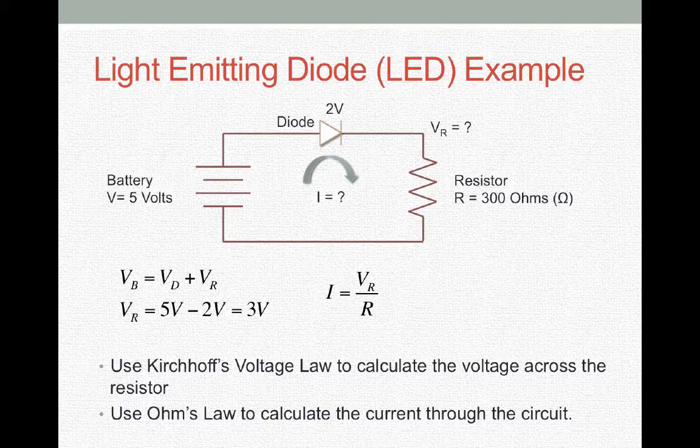We can now use this to calculate the current through the circuit. Current is equal to voltage over resistance, and because we now know the voltage drop across that resistor, which is 3 volts, divided by 300 ohms, which is our given resistance, we get 0.01 amps, or 10 milliamps.